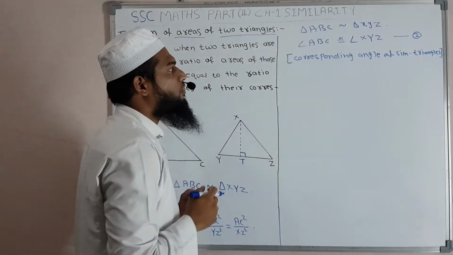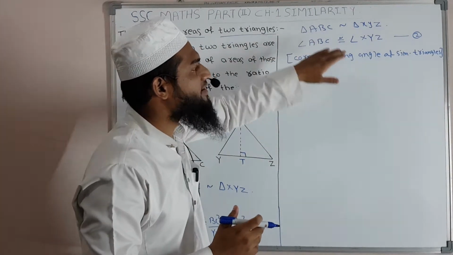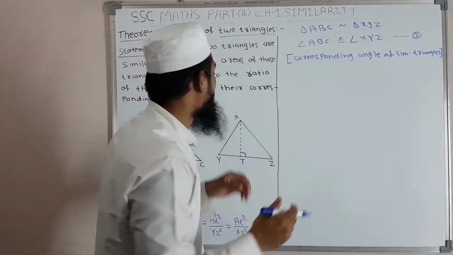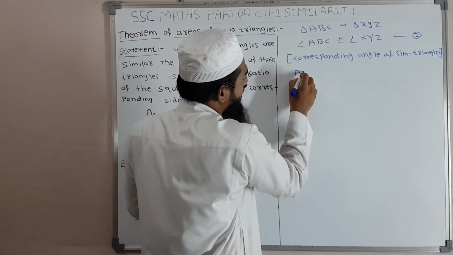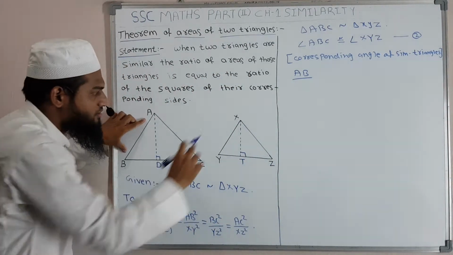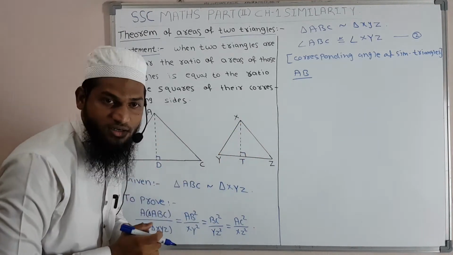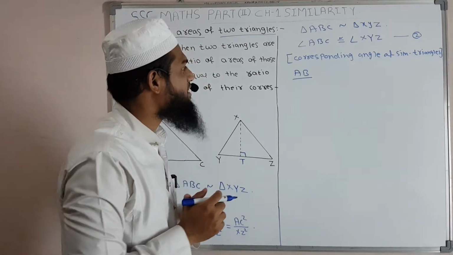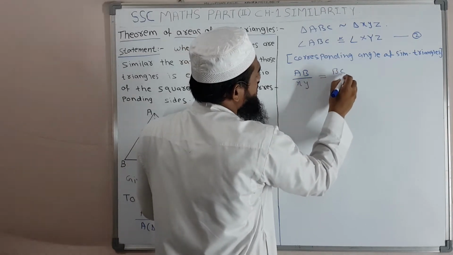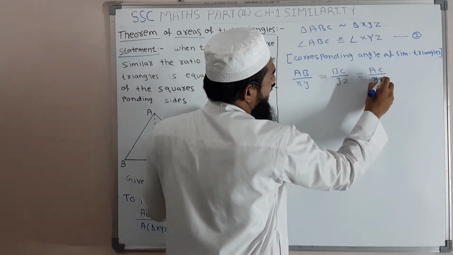Now what I can write from these similar triangles? The ratio of their sides also. What are the sides? AB upon the corresponding side XY, BC upon YZ, AC upon XZ. So AB upon XY is equal to BC upon YZ is equal to AC upon XZ.